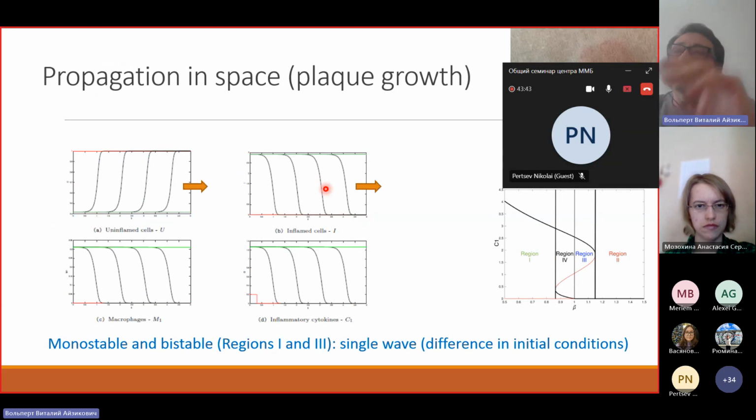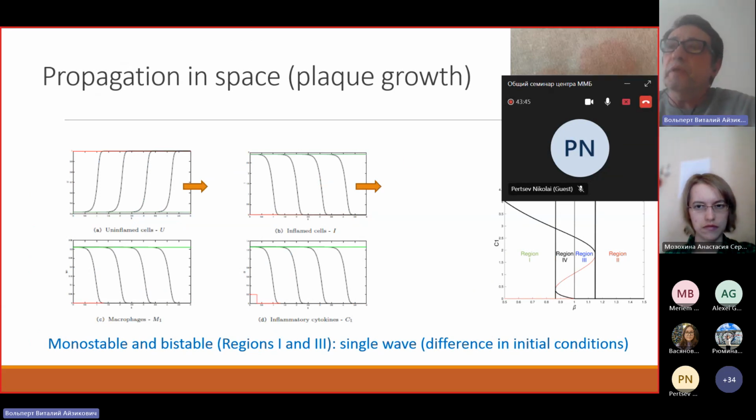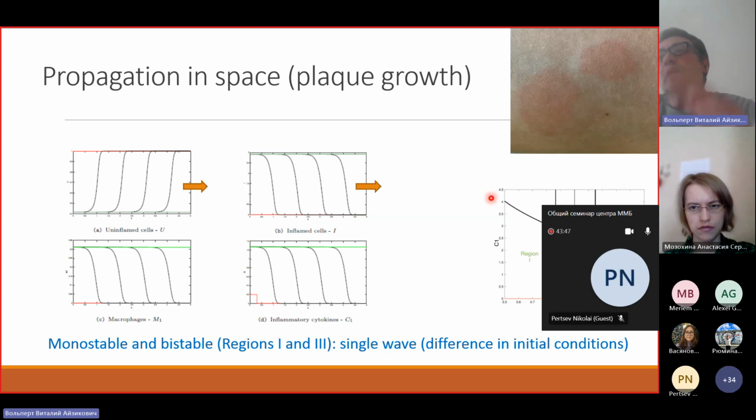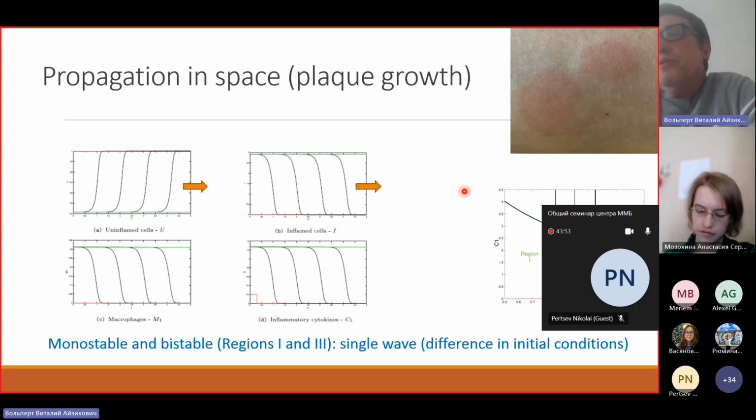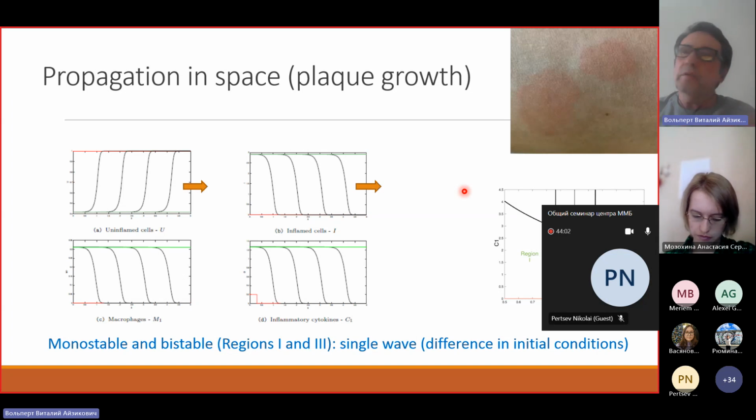Now, if we introduce indeed the space variable, and this is important, and truly speaking, I don't try to discuss with medical people anymore, but during a number of years I tried to do this, and this concept of space propagation of inflammation, I think, is completely foreign for them.